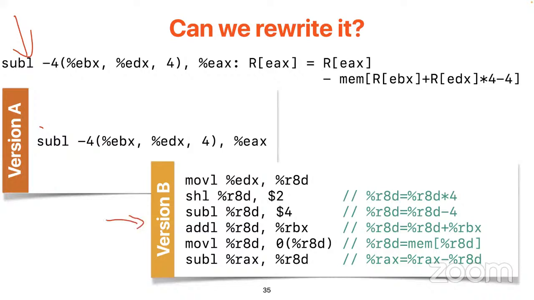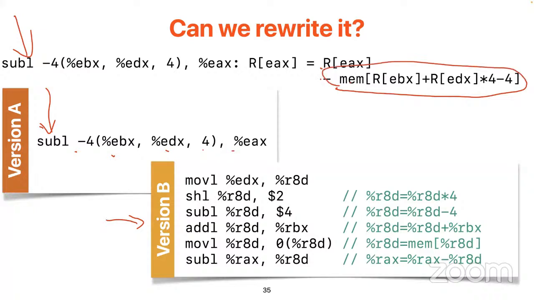However, if you really want, an instruction like this single instruction could be rewritten as instructions like this, right? So this subl -4(EBX, EDX, 4), EAX is essentially saying that EAX is equal to EAX minus the content in the memory location here, right?